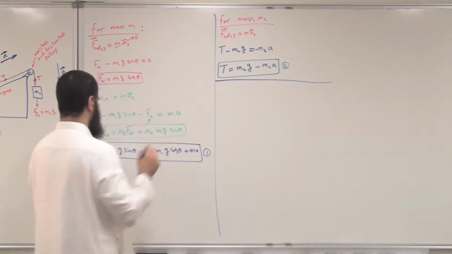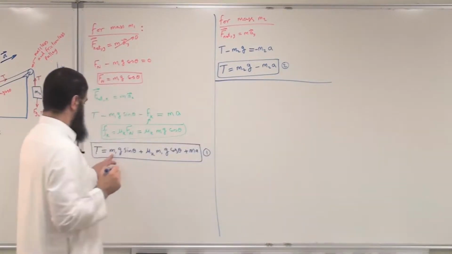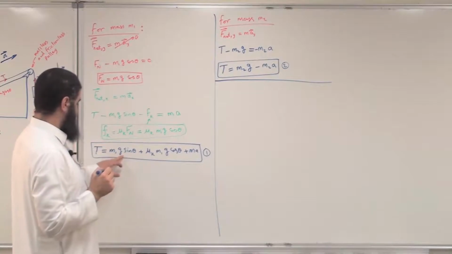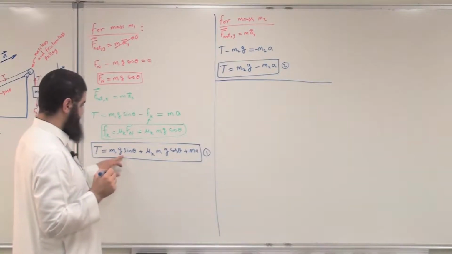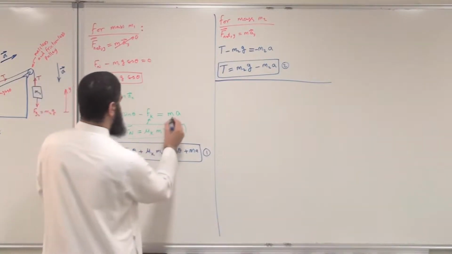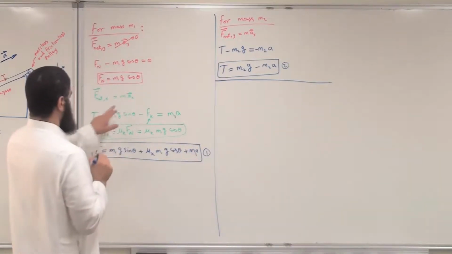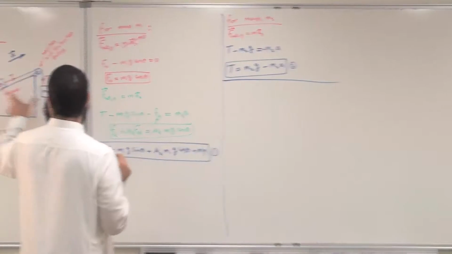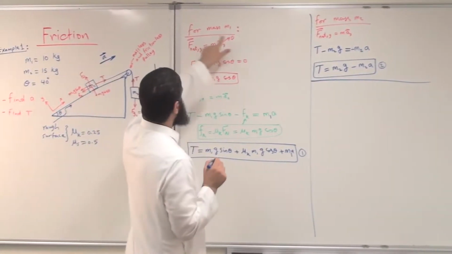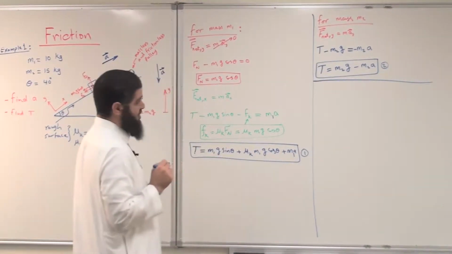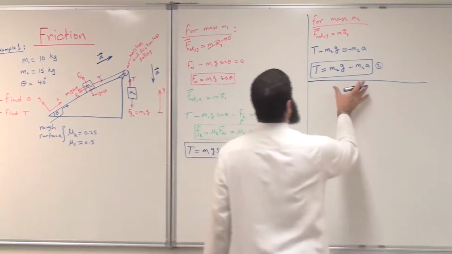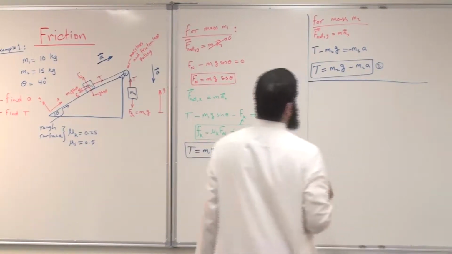I have to write m1 g, I can take it as a common factor. This is m1 here, don't forget, because this was the application of Newton's second law on m1, and this is the application of Newton's second law on m2.